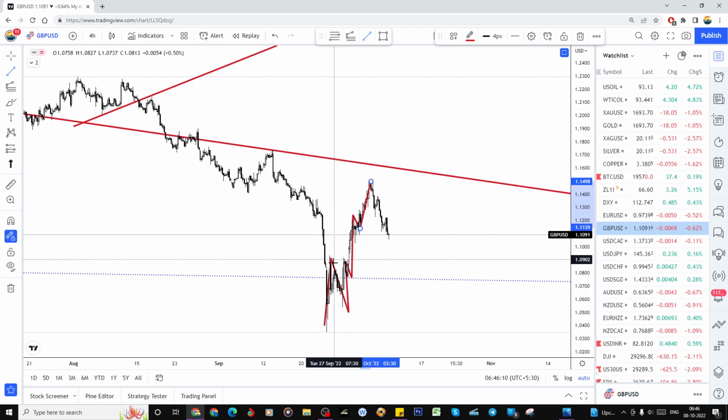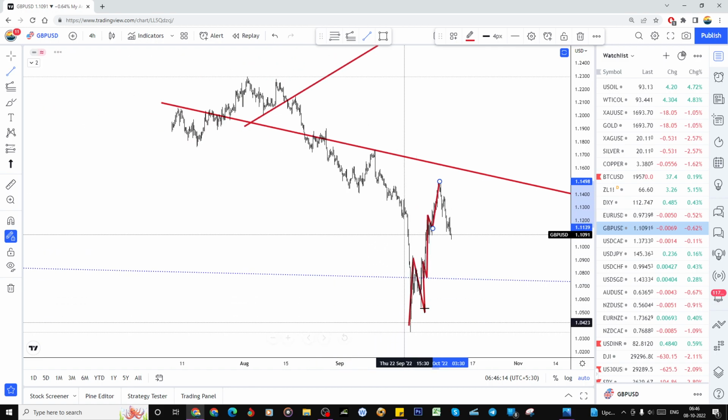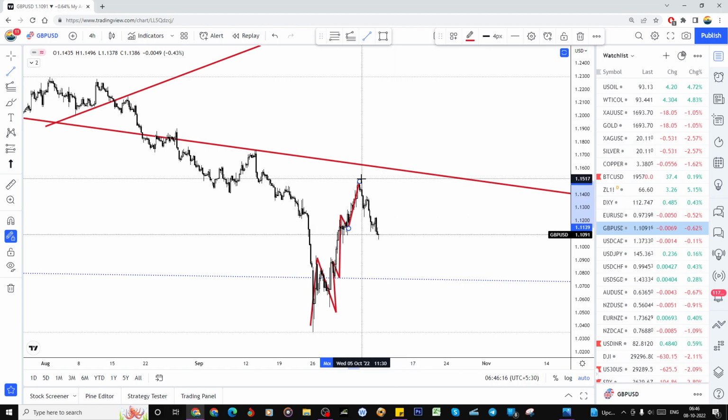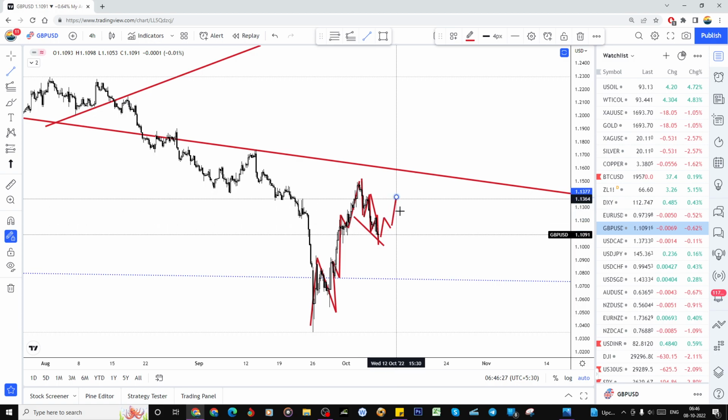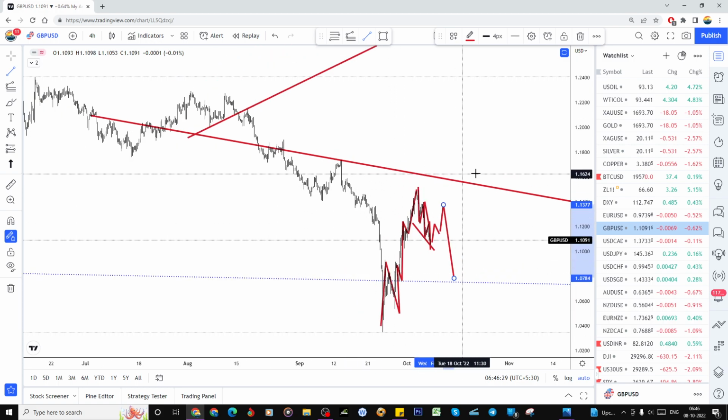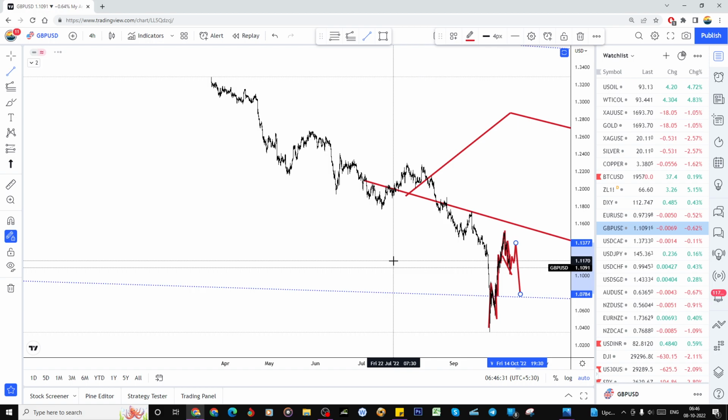This is A, this is B, then 1, 2, 3, 4, and 5. So again it is making a three-wave structure, and here it's also looking like 5 waves. So this could be a leading diagonal, and again one more three-wave structure. Again, I'm expecting a lot of corrections.